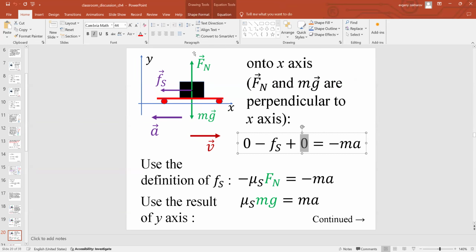So normal is 0, perpendicular. Gravity is 0 because it's perpendicular. Static friction is negative because it's opposite to the positive direction. What do you say for acceleration? See how vector shows everything right away? Vector is to the left, positive direction is to the right, so the component is negative.